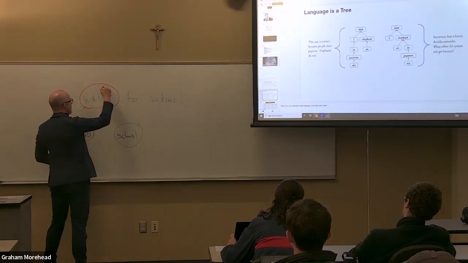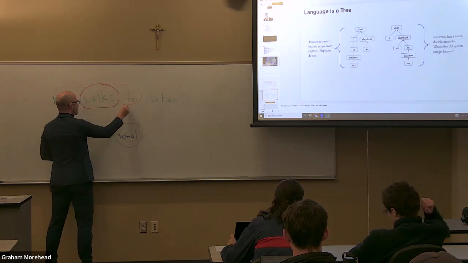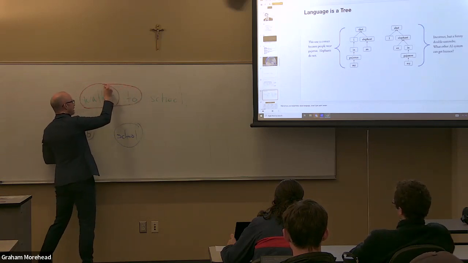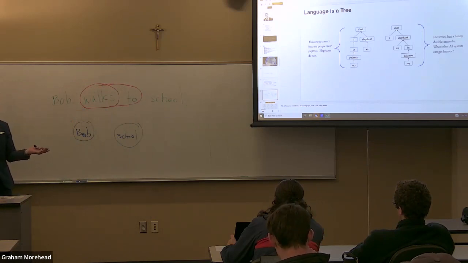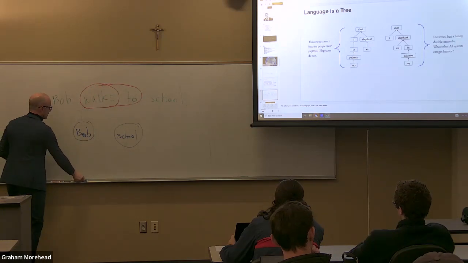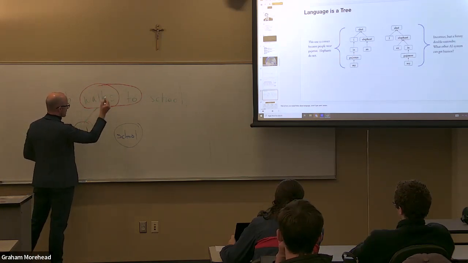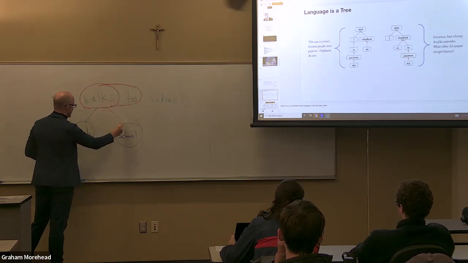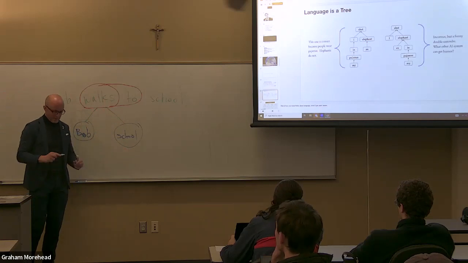Walks to would be the real verb. And there are languages where walking to or walking from might have totally different words. So walks to has two arguments: the one doing the walking and the place where they're walking.